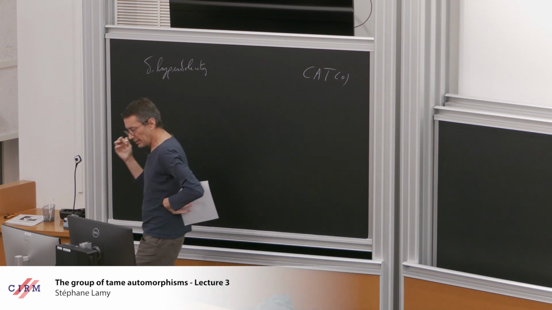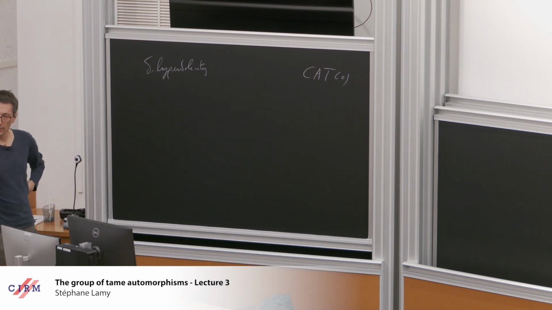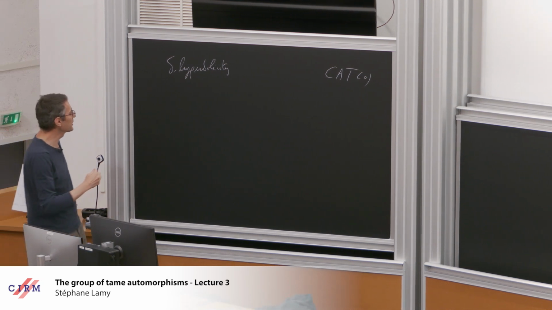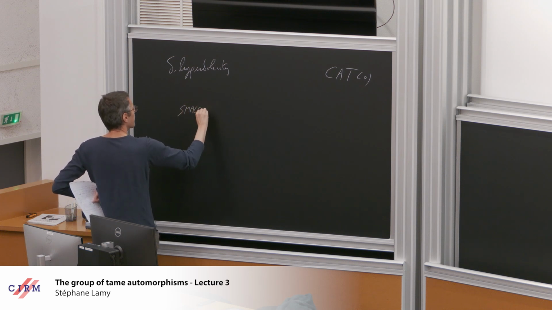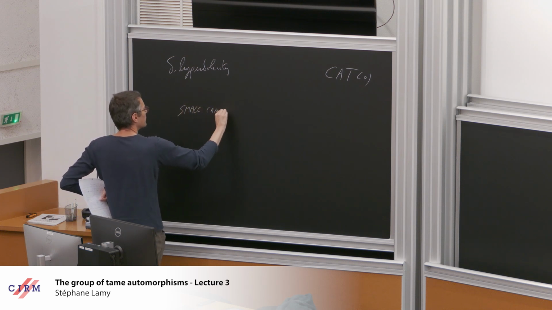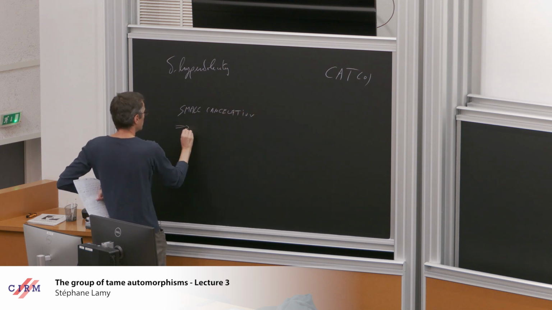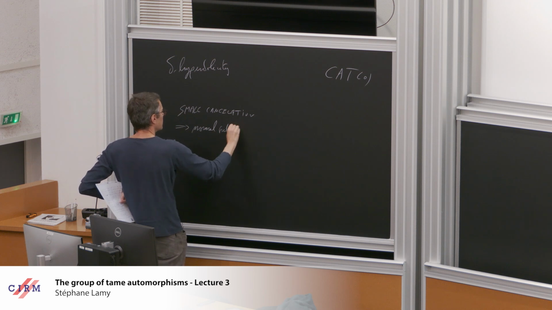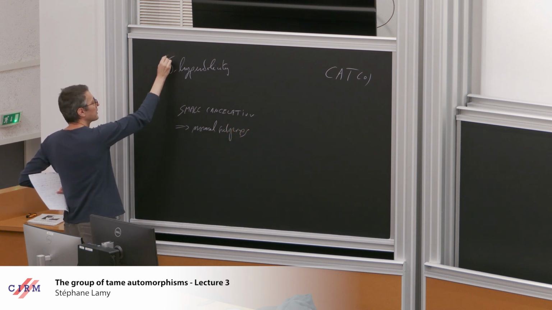So we saw yesterday that when you have an action on a delta hyperbolic space, if you find an element which is loxodromic with this extra property, the WD property, you can try to apply small cancellation. And then you produce normal subgroups. So this is really a feature of delta hyperbolicity.